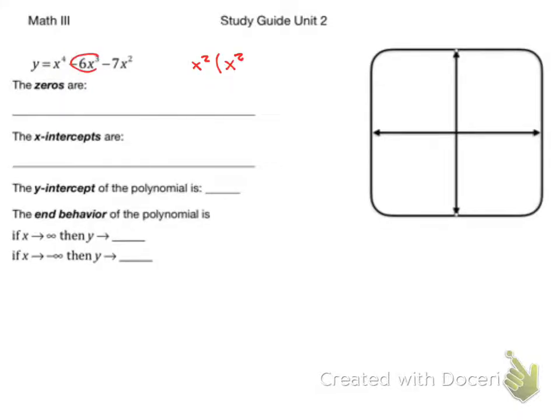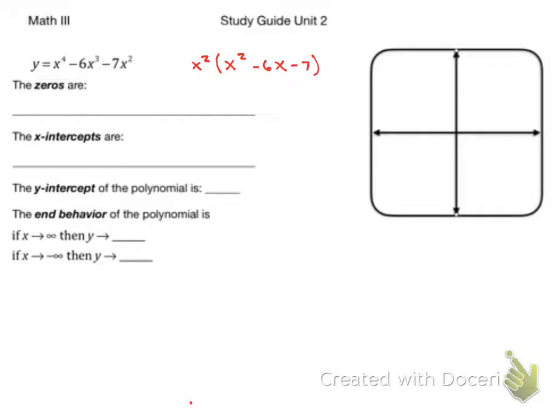This second term, we have a -6, and then we had x cubed, we took 2 of them out, so just x is remaining. And then the last one, we just have a -7 remaining.